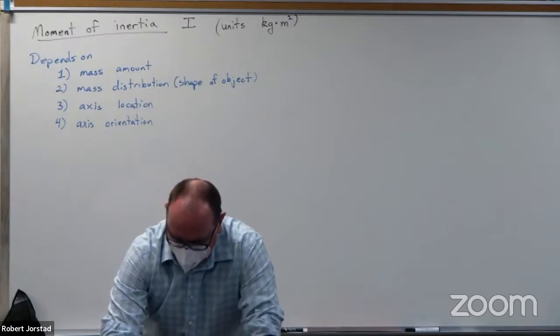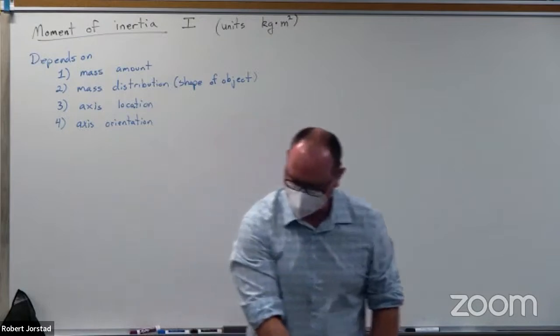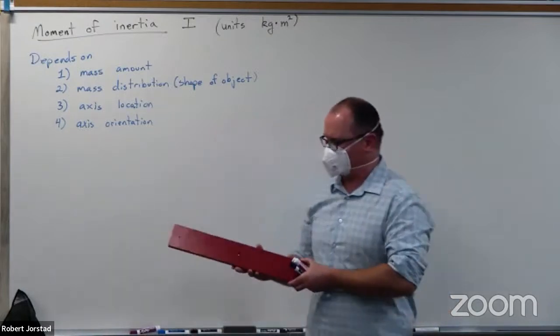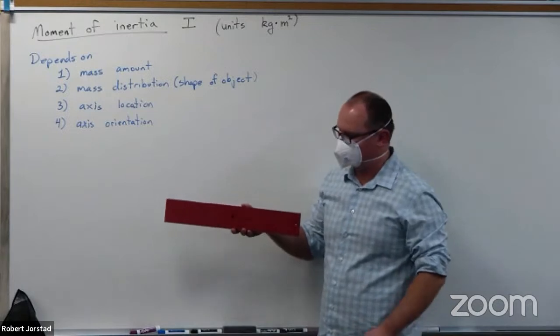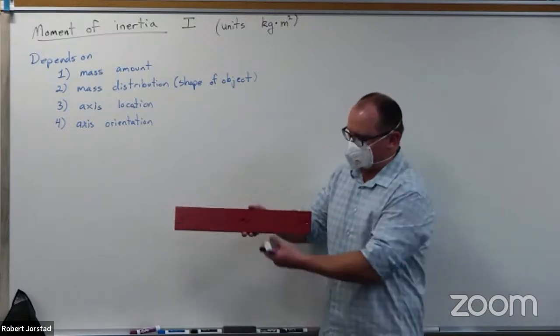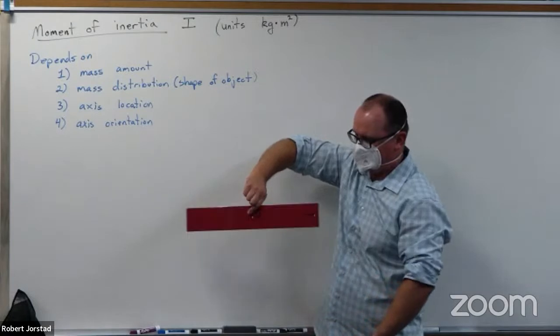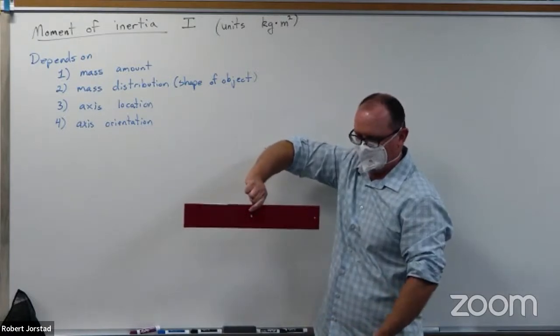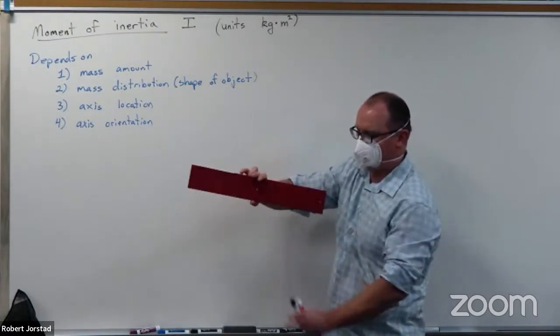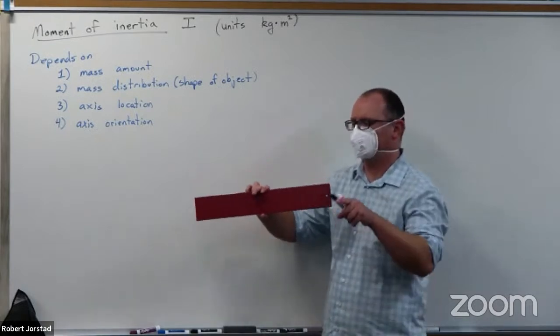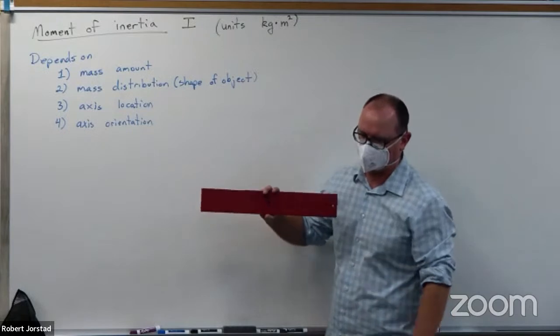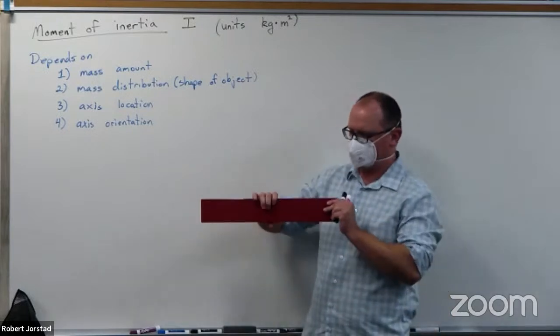But I want to point out just a simple one. Look at this. Let's say we have this rectangular plate, right? In particular, if I rotate it like this versus like this, the moment of inertia is not the same. Look at the third column in your table on page 59. Do you see the rectangular plate?